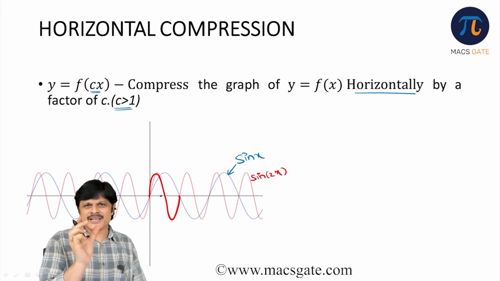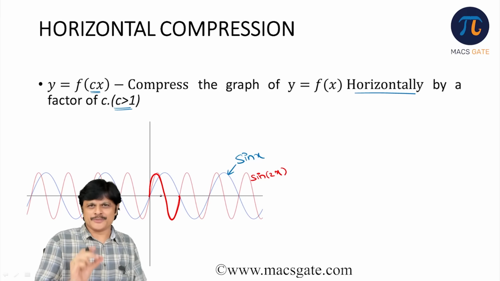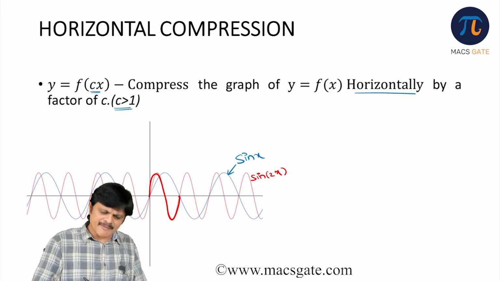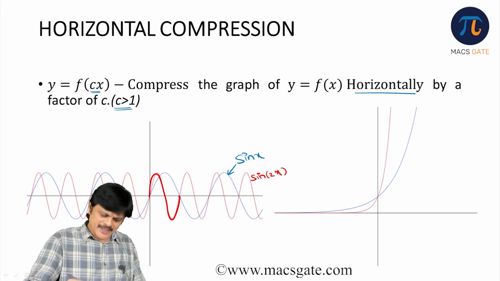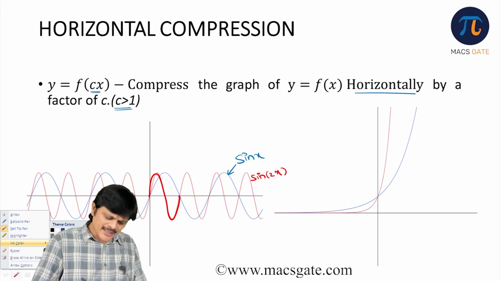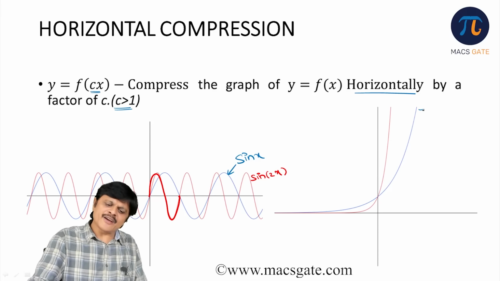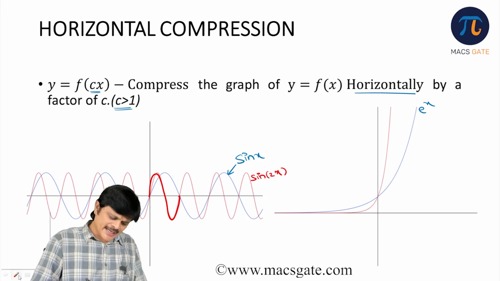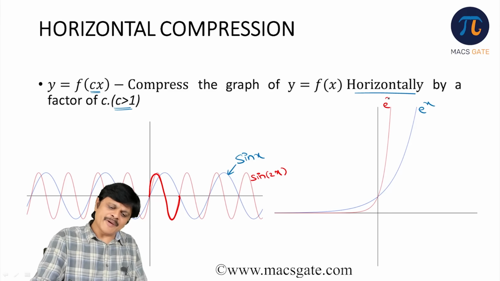So compression happened by a factor 2. Same thing we can understand for e power x also, sir. The blue one is your regular e power x, whereas the red one is e power 2x.